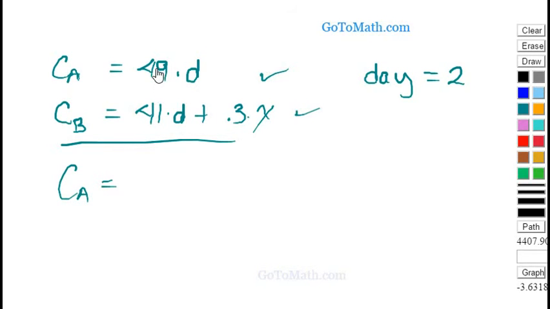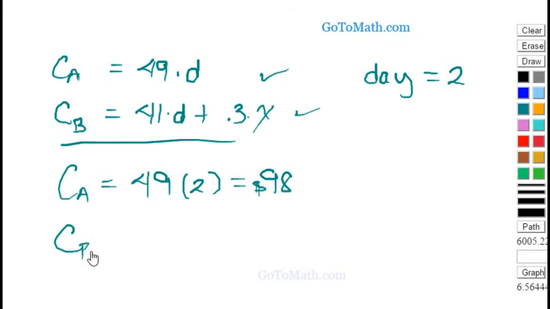So this is going to be 98, right? 49 times 2 is $98. So this is going to end up costing us $98 for company A, and company B is 41 times 2 plus we got the 30 cents per mile, 0.3.